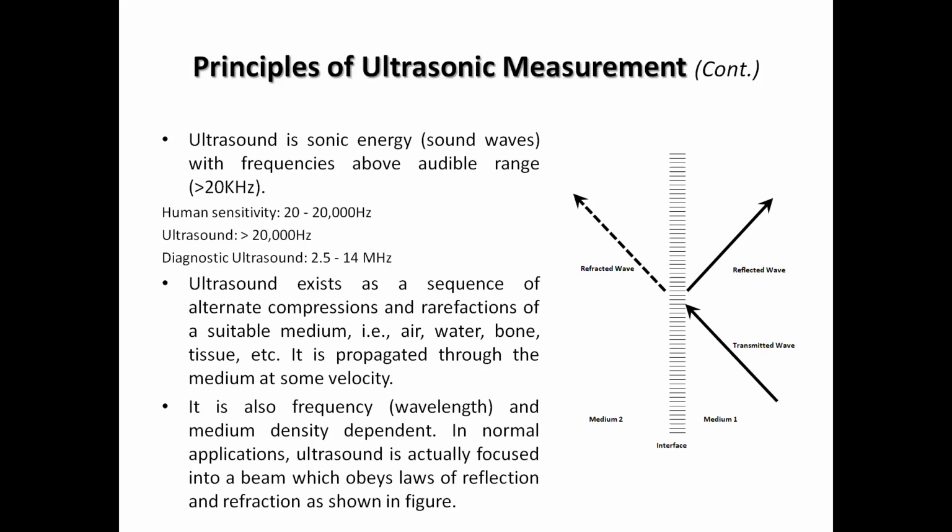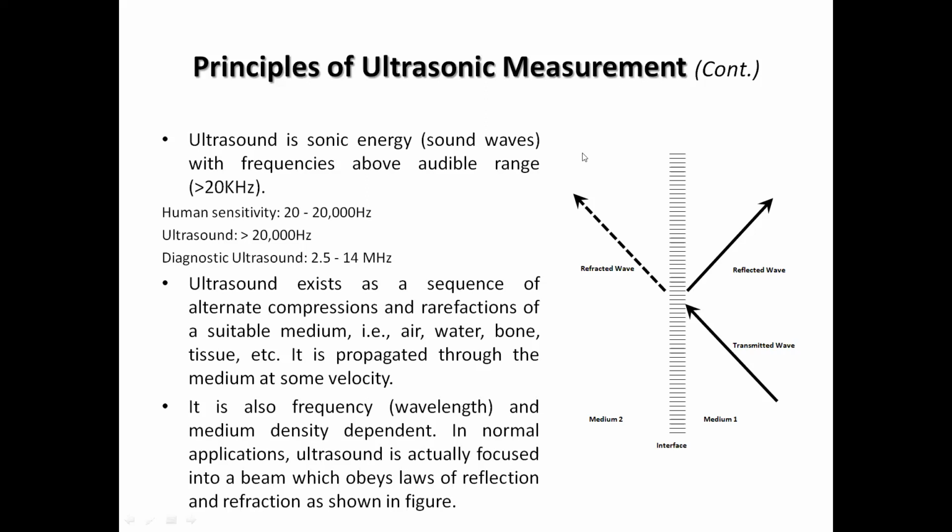This ultrasound exists as a sequence of alternating compressions and refractions of a suitable medium, for example air, water, bone, tissue, and it is propagated through the medium at some velocity. It also depends on frequency and medium density. In normal applications, ultrasound is focused into a beam, as shown in this picture.